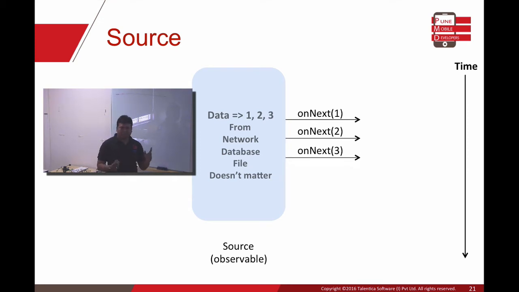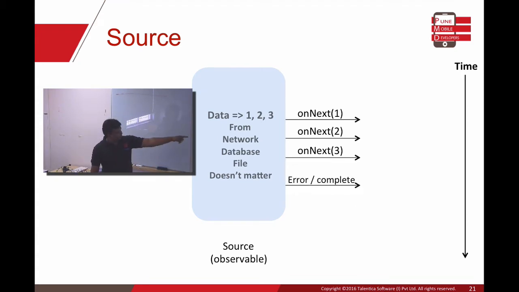And you remember in observer pattern when I was talking about there are two gaps in observer pattern, right? The observable or source has no way of telling the subscriber that okay, I'm exhausted, I don't have any more data.